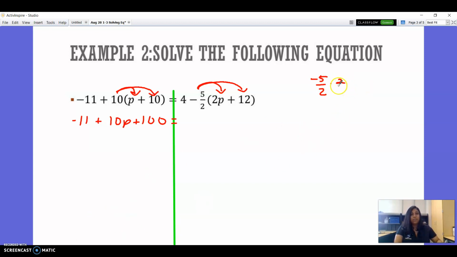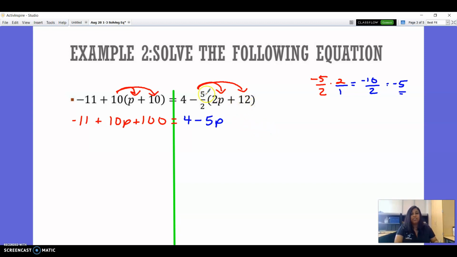So this 2 is basically a 2 over 1, and you multiply straight across. With fractions, you multiply straight across. So negative 5 times 2 is negative 10, 2 times 1 is 2, and that is just negative 5. Okay, and that's simpler than turning it into a decimal and doing all of that noise. So 4, negative 5/2 times 2p is going to be negative 5p.